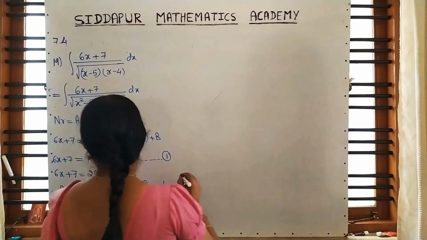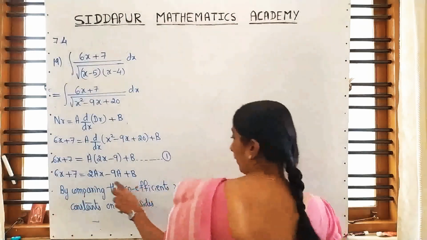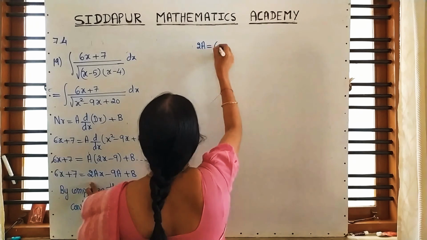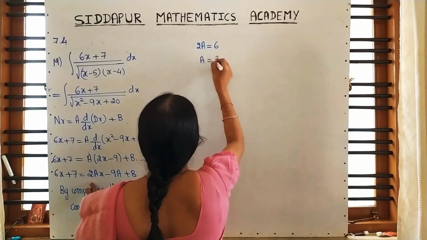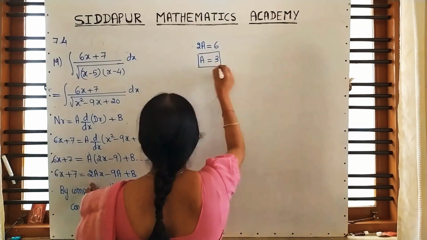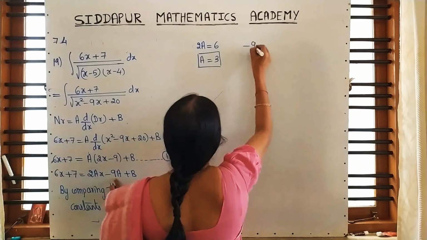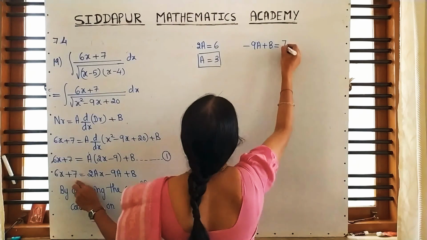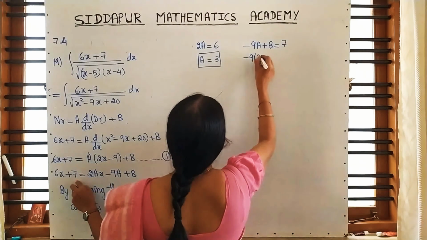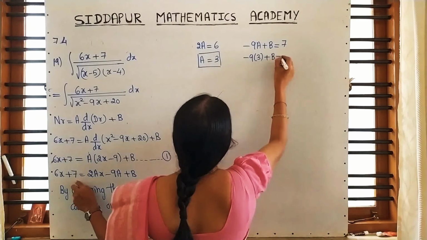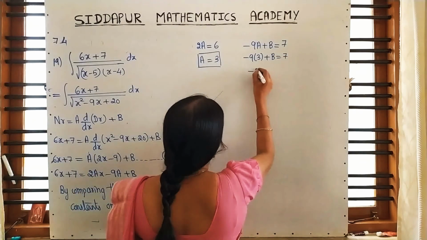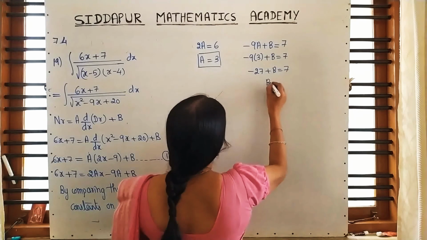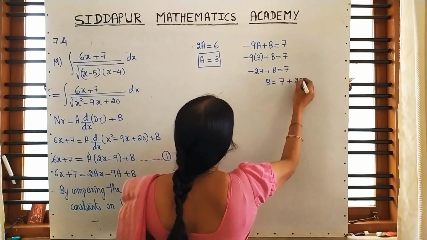So what is the coefficient of x? Coefficient of x is 2a. 2a is equal to 6. A is equal to 3. The term without x, minus 9a plus b is equal to 7. Minus 9 into 3 plus b is equal to 7. B is equal to 7 plus 27.